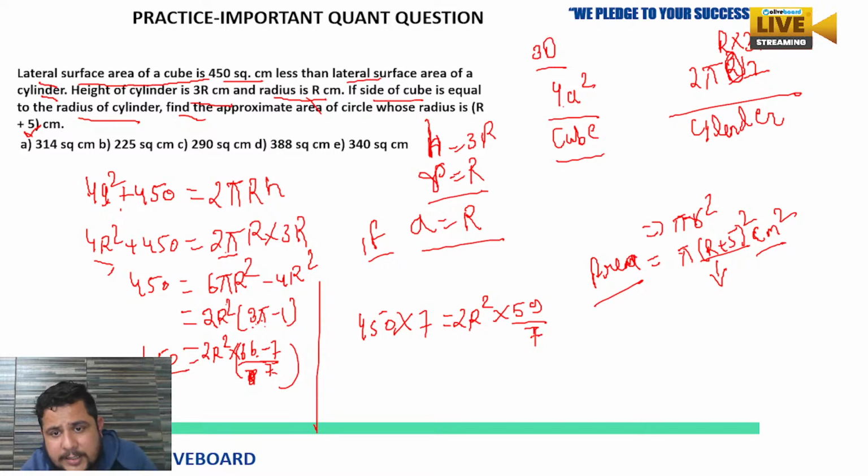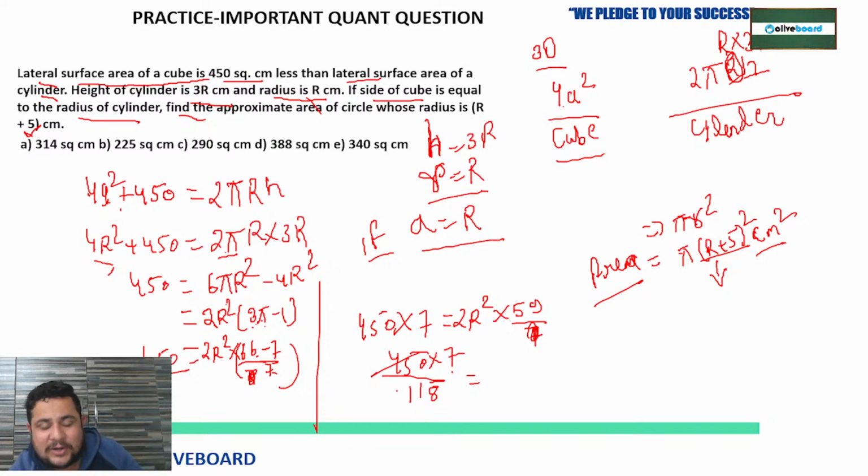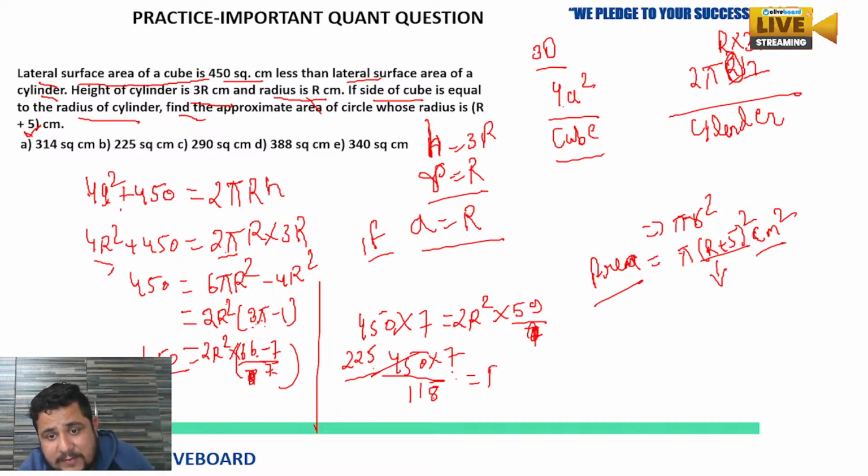So 7 I already transferred. Now this will be 118. So 450 multiplied by 7 upon 118 equals r square. In your exam this type of calculation will not come. I think there might be some value that was misjudged. So 225 multiplied by 7 upon 118. You will get the value of r from here.